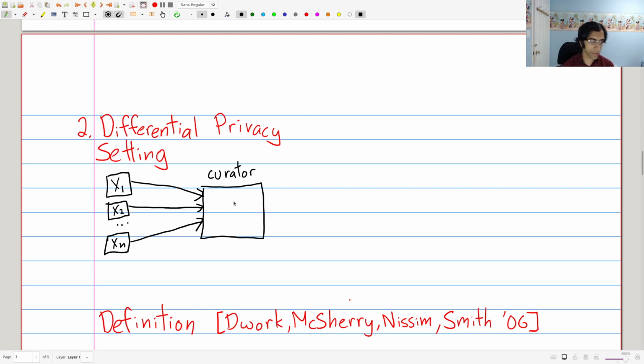And what the curator is going to do is run an algorithm M, sometimes called a mechanism in differential privacy. It's not the greatest name, but they have some algorithm M, and they output M on the overall data set x1 through xn.